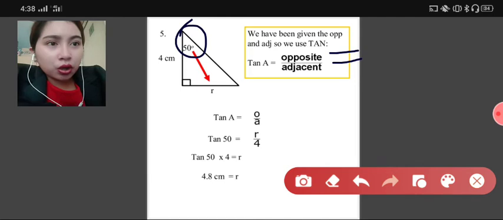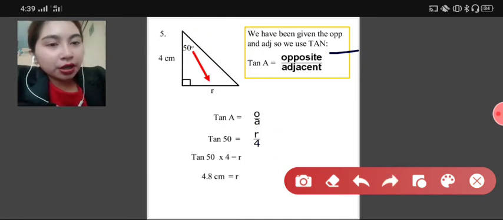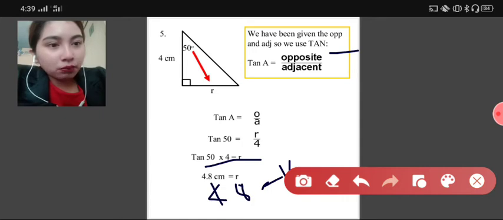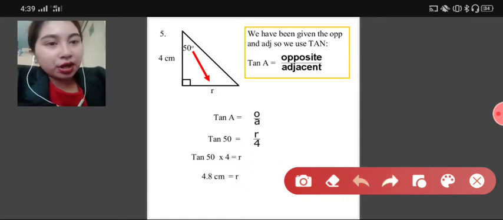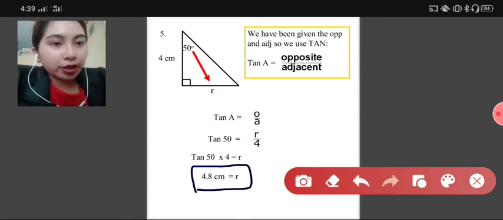So, given yung opposite, which is the R, and tangent 50 is equals to R over adjacent, which is the 4 centimeter. Same lang pa rin. Tangent 50 times 4 is equals to 4.8 centimeter is equals to R. So, ayun. May value na tayo ng R, which is the 4.8 centimeter.